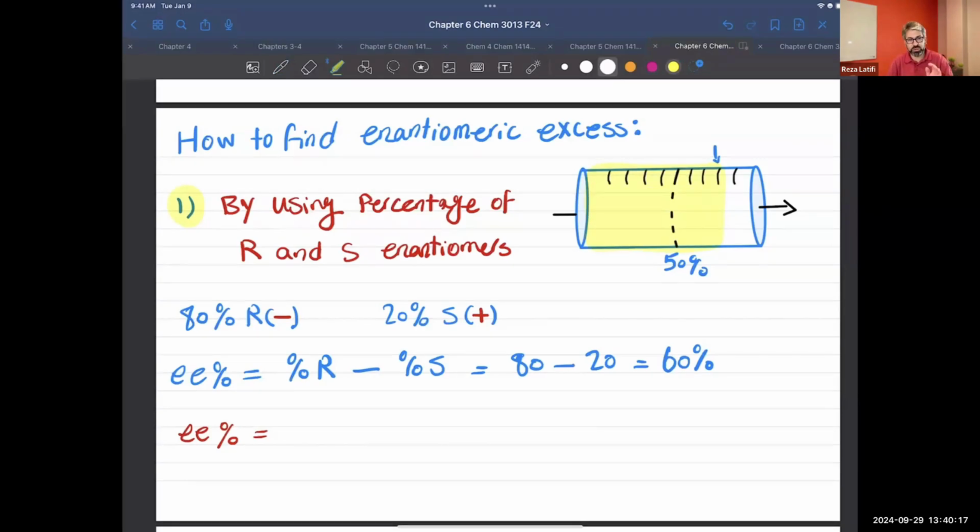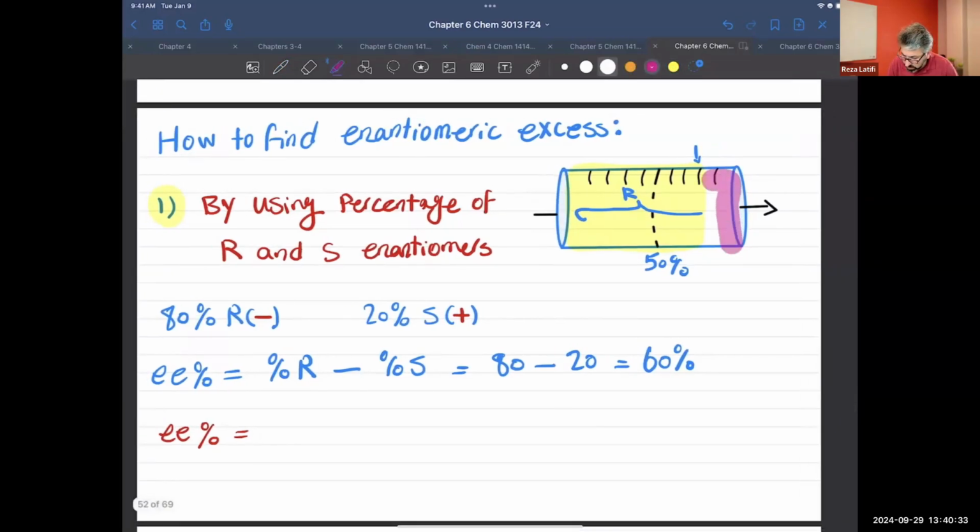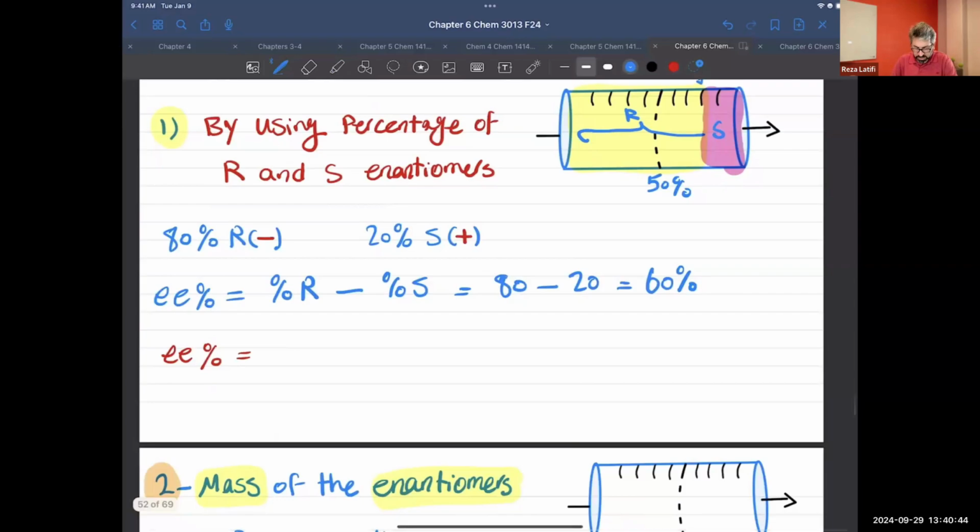I have 80% from R, so that's going to be this one starting from here to there. This is going to be R, and we have 80%. And the second one, that's going to be the S. So we have S there.